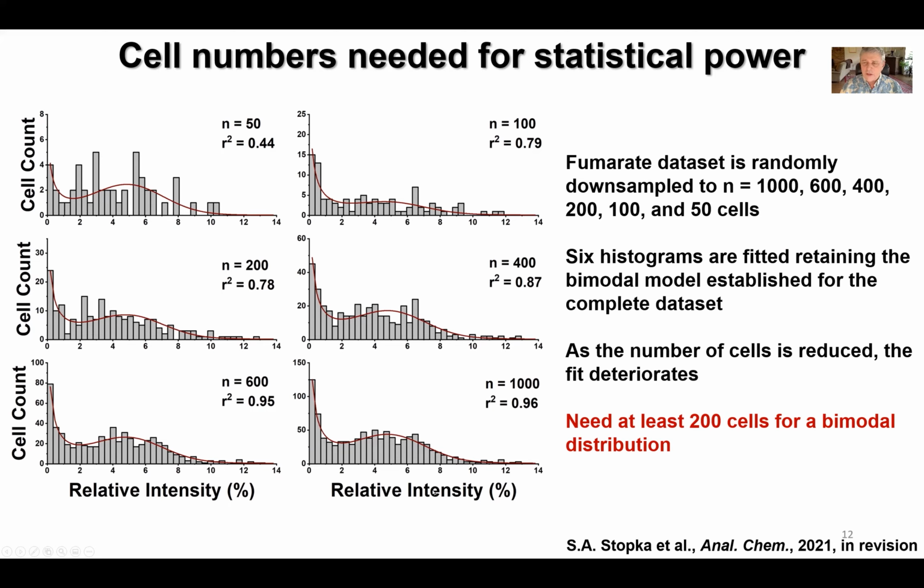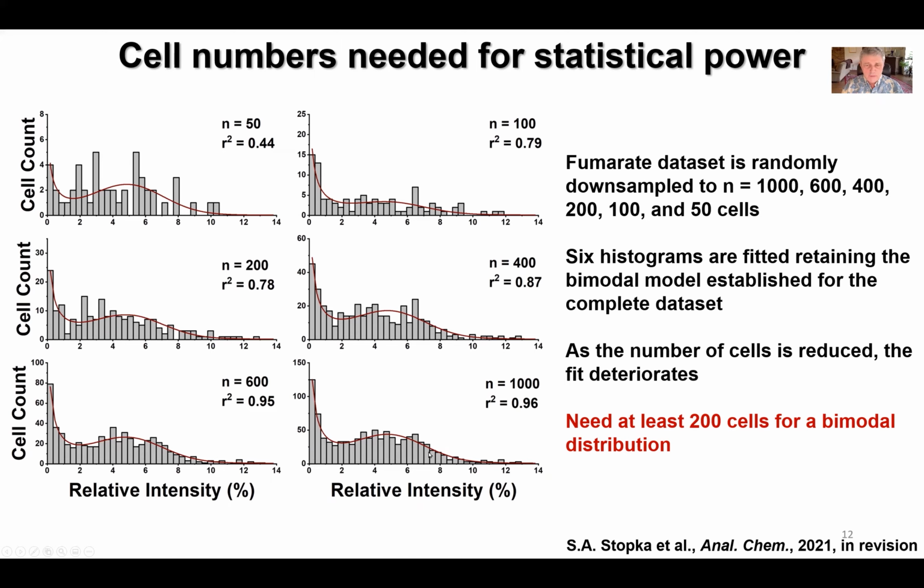And then we artificially and randomly downsampled the cells to 600, 400, 200, 150 cells, and tried to construct the corresponding histograms.